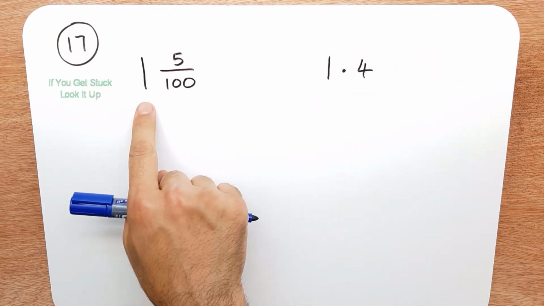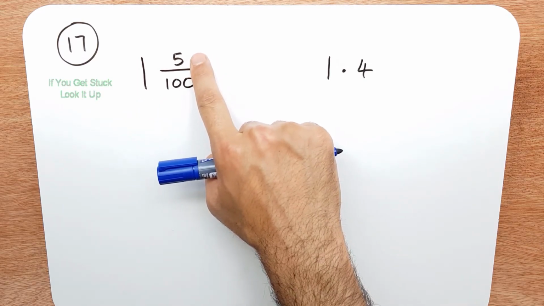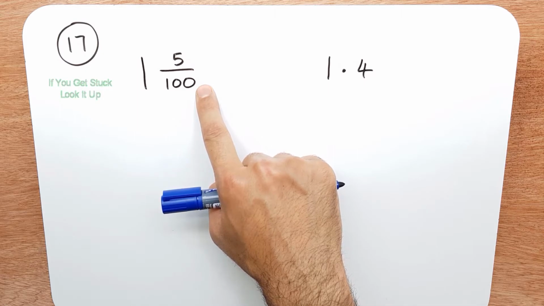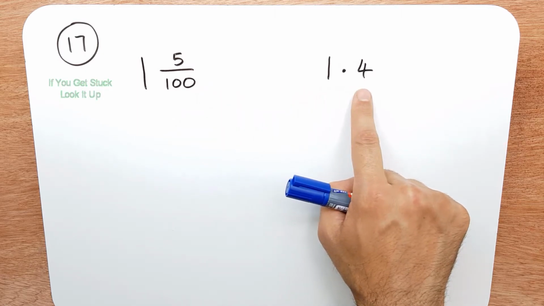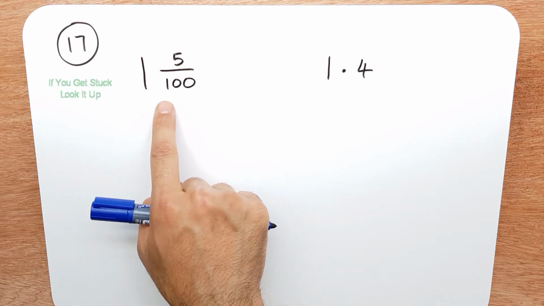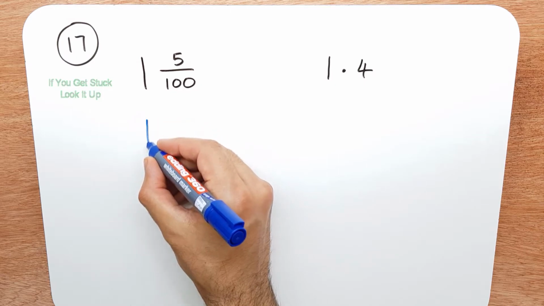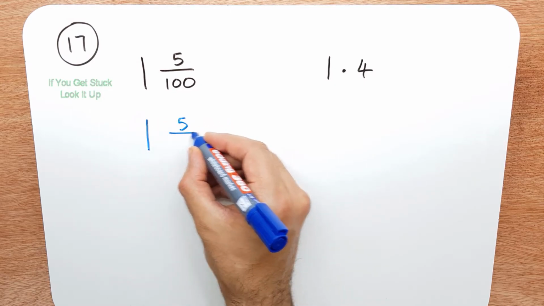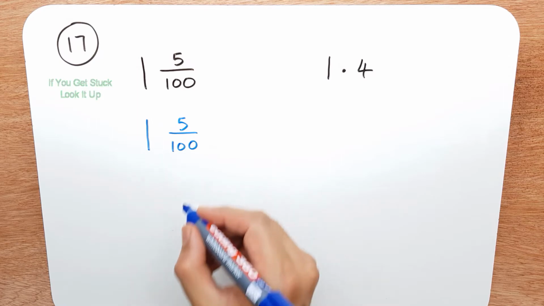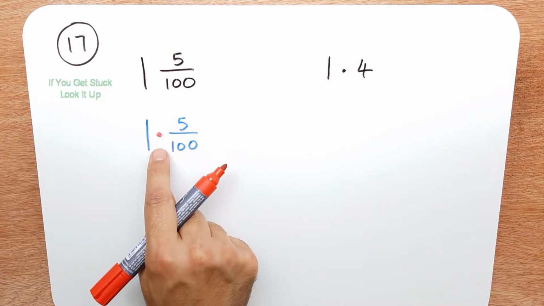In the third part of question 17, we're given 1 and 5 100ths and 1.4. So what we can do is turn this into a decimal. So we have 1 and 5 100ths. And as before, if we put the decimal point there, so it'll be 1 point something.